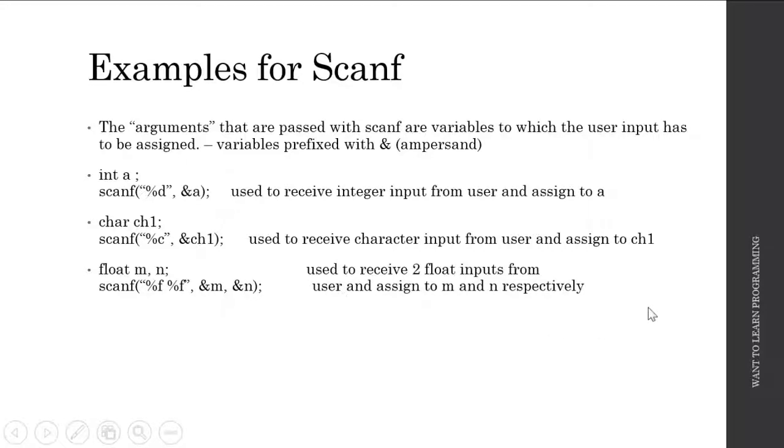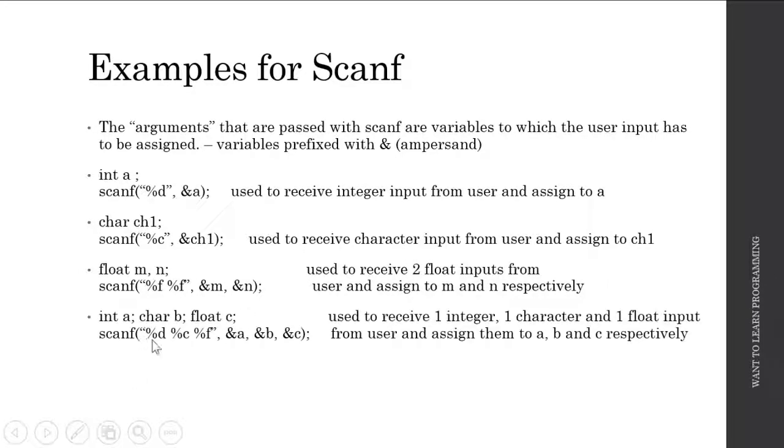Now, let's look at an example where all three kinds of input can be received from the user. This example shows a scanf used to receive one integer, one character, and one floating point input from the user and assign them to a, b, and c respectively.